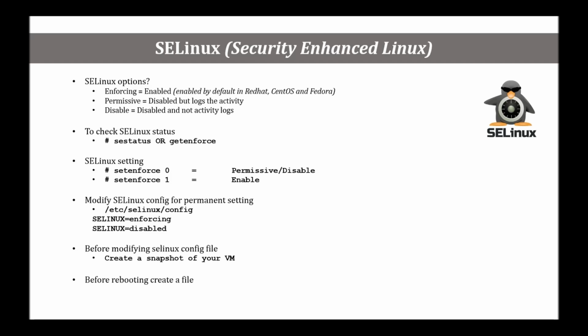Then before you reboot your system, if you have set SELinux to enforcing in your SELinux config file, always create /.autorelabel. This is going to tell the system, hey, I have just enabled SELinux.